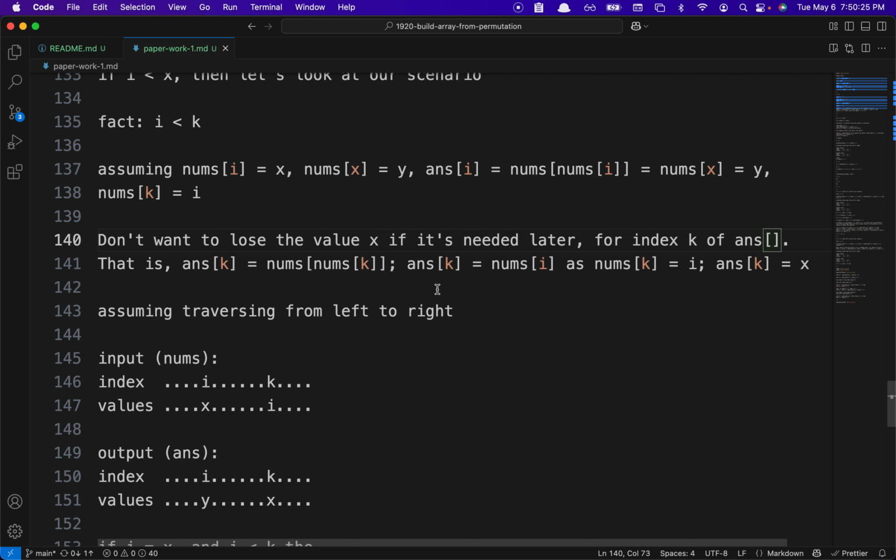We don't want to lose a value, so answer of K is X. So if that is the case, you don't want to lose it. So what are you going to try to do for that?